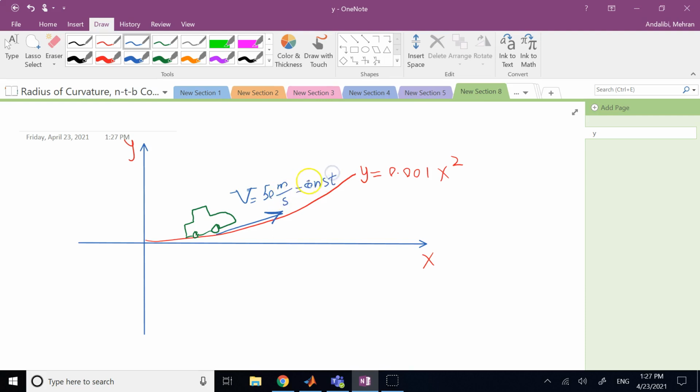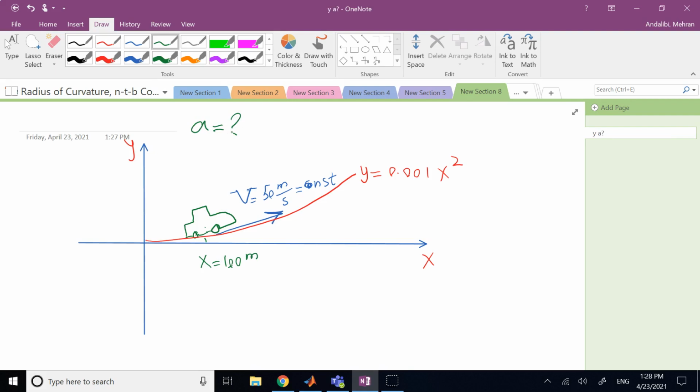So you are trying to keep your speed constant by applying the proper amount of acceleration from the accelerator pedal, right? And if you are right now at location x equal, let's say, 100 meters, what is the magnitude of acceleration of the car at this point?